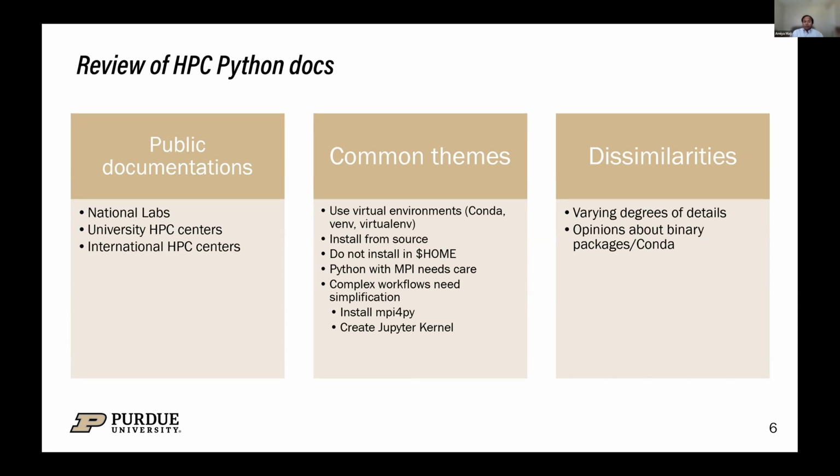And then I mentioned MPI with Python, and that needs special care. Several sites, I remember NERSC and Oak Ridge, have pretty detailed documentation about how to install mpi4py or how to install h5py.